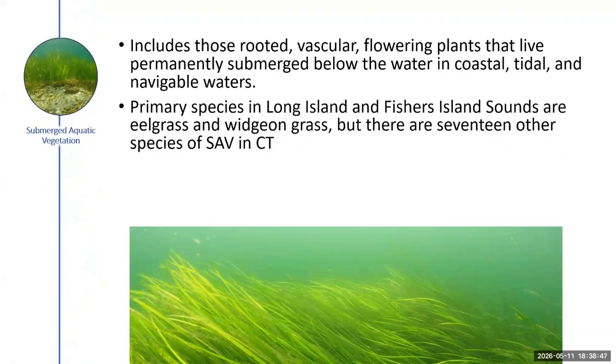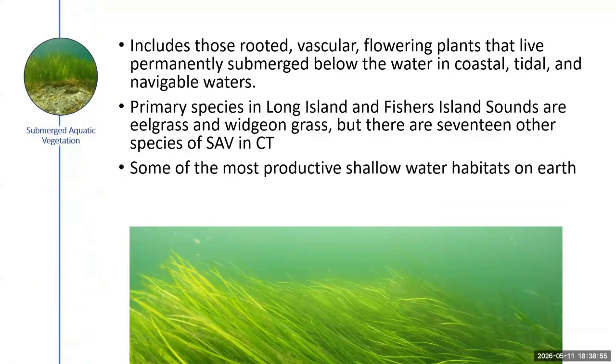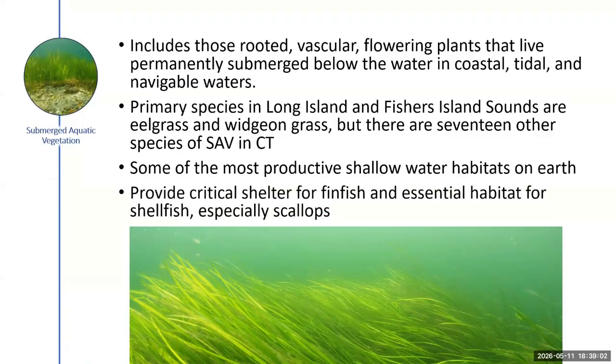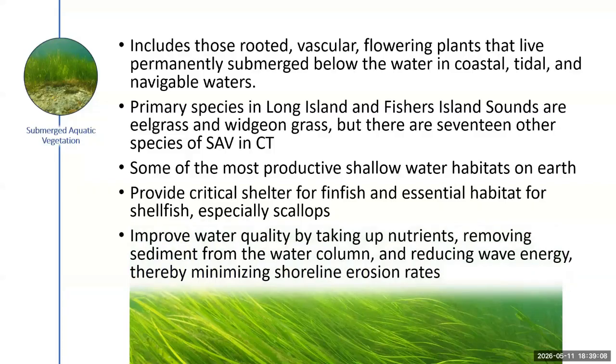Major species around here are eelgrass and widgeon grass, but those are among many other species of submerged vegetation as well, and they're extremely productive, like meadows of the sea, and they provide critical shelter for finfish and essential habitat for shellfish and especially scallops. And they take up nutrients, remove sediment, and reduce wave energy. So they're very good to have around.